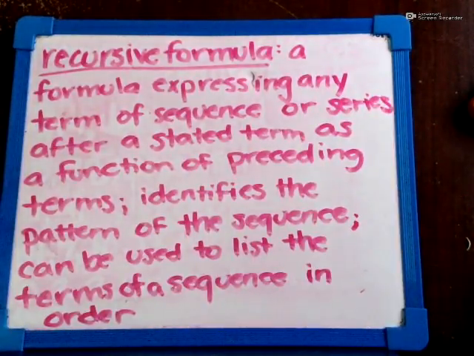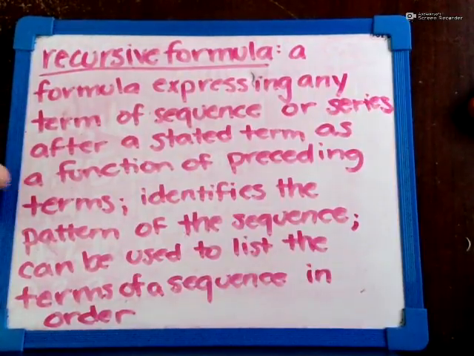It identifies the pattern of the sequence and can be used to list the terms of a sequence in order. So this should probably be in your notes because they're going to keep referring to two different types of formulas.